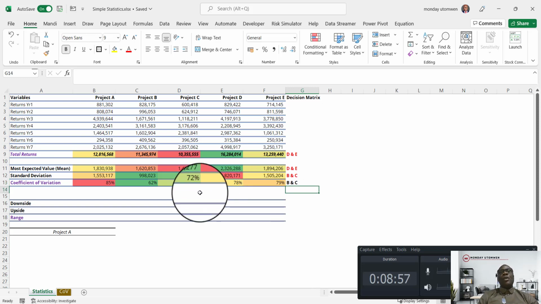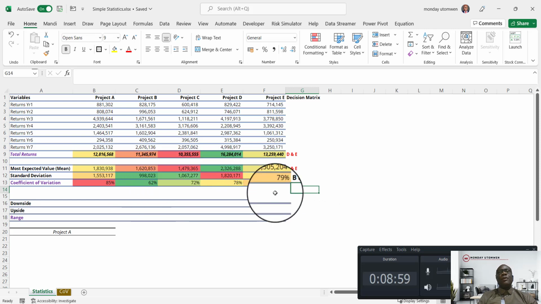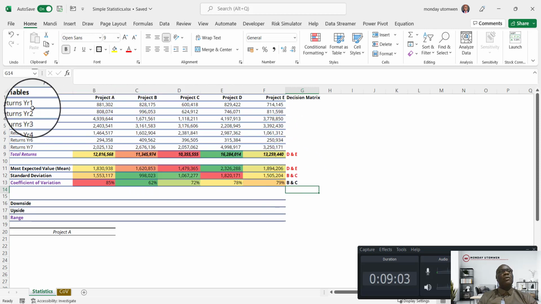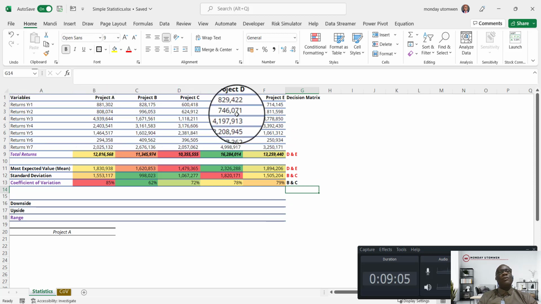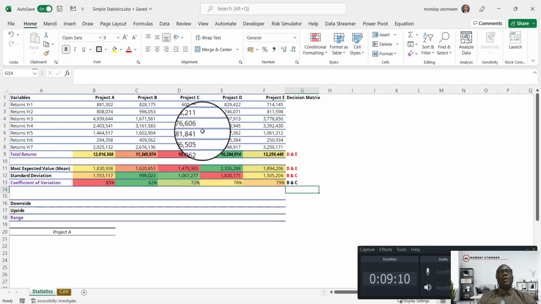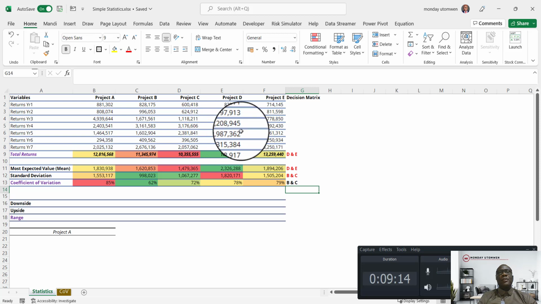So you see, if you're just going to dabble around with year one, year two, trying to make a decision based on this, you run into a lot of guesstimation.